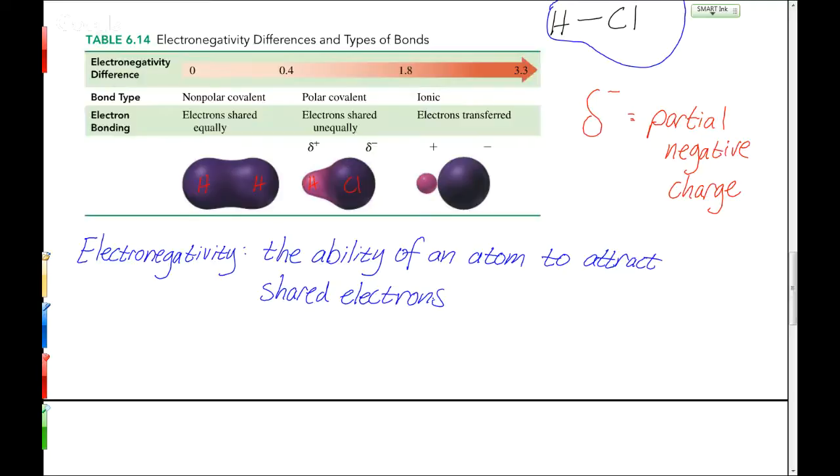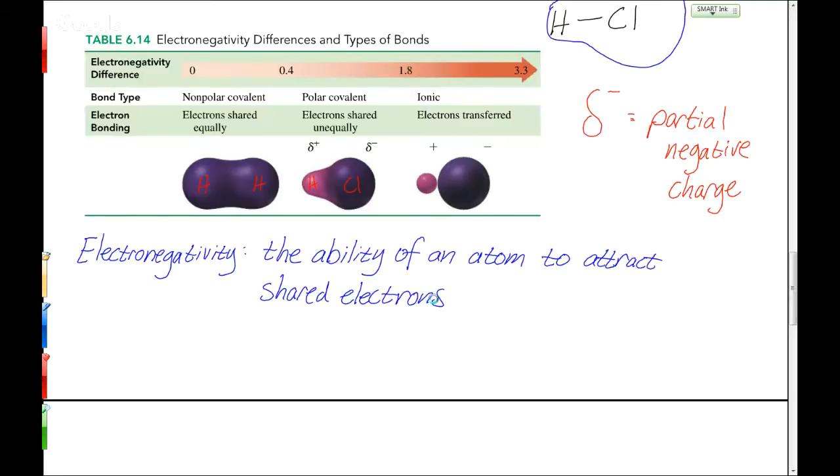So we're not talking about an ion situation where the thing is pulling electrons from other places. We're just talking about if you already have a covalent bond, an atom with a high electronegativity can attract those electrons in the covalent bond toward itself.